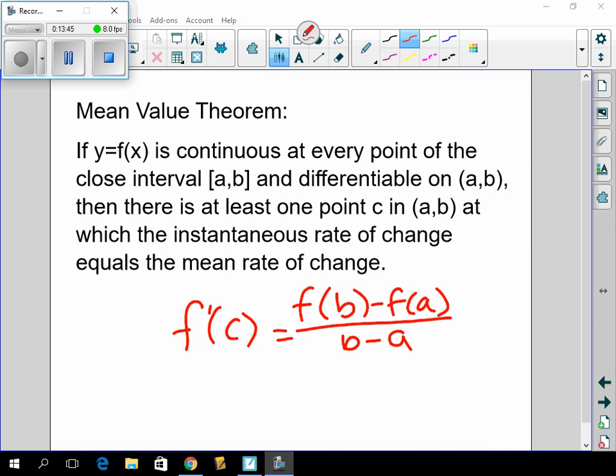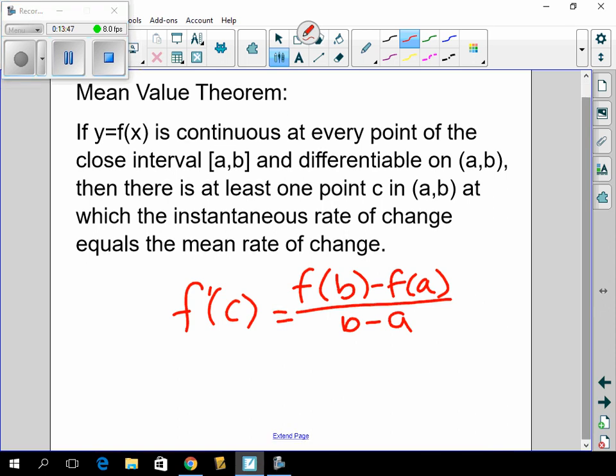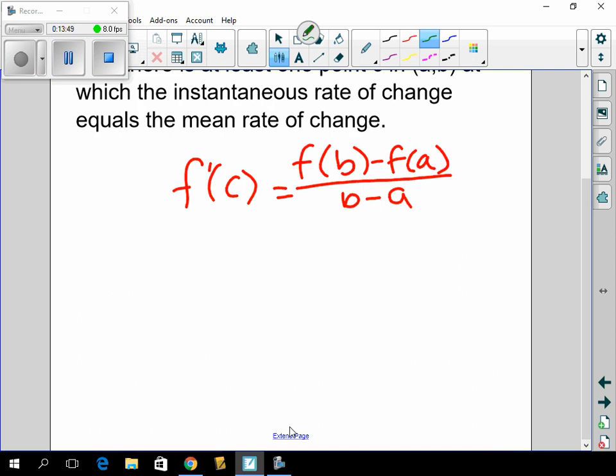So when we're looking at this kind of graphically, let's say I'm going from 1 to 5, and my function is continuous. That guarantees that I do have an instantaneous rate of change equal to that average rate. So let's say this is (1, 1), and this is (5, 7).